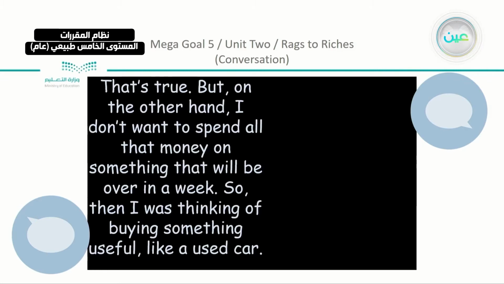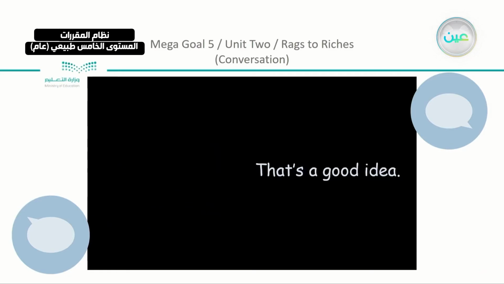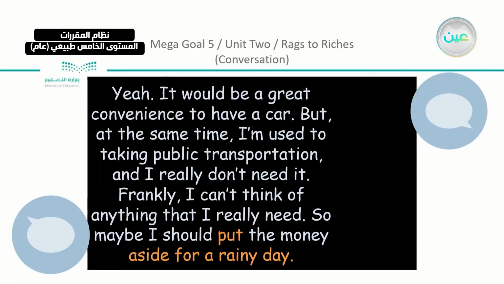But on the other hand, I don't want to spend all that money on something that will be over in a week. So then, I was thinking of buying something useful, like a used car. That's a good idea. Yeah, it would be a great convenience to have a car. But at the same time, I'm used to taking public transportation, and I really don't need it.